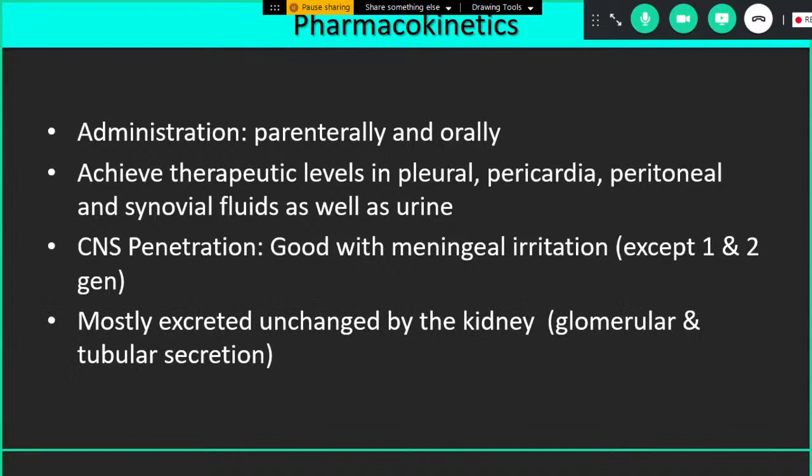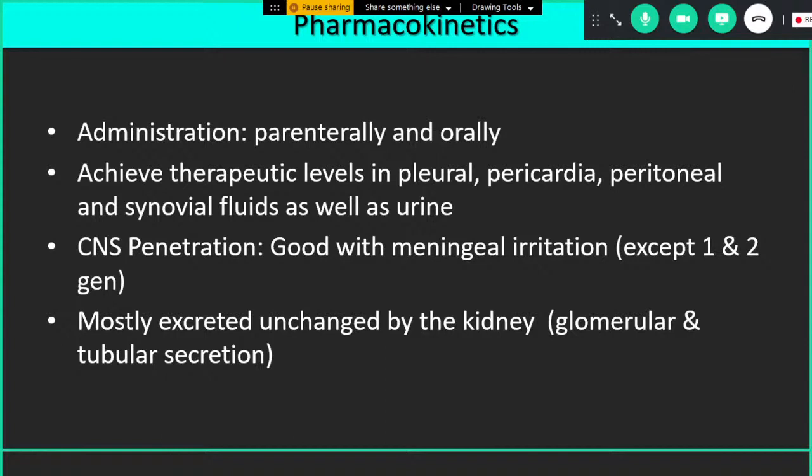Then we talk about the metabolism, and it is important because you are treating very diverse patients with these broad spectrum antimicrobials. Some of the patients might come in with kidney failure or hepatic failure, so you have to know whether the dose has to be adjusted or not. Most of them are not metabolized by the liver.